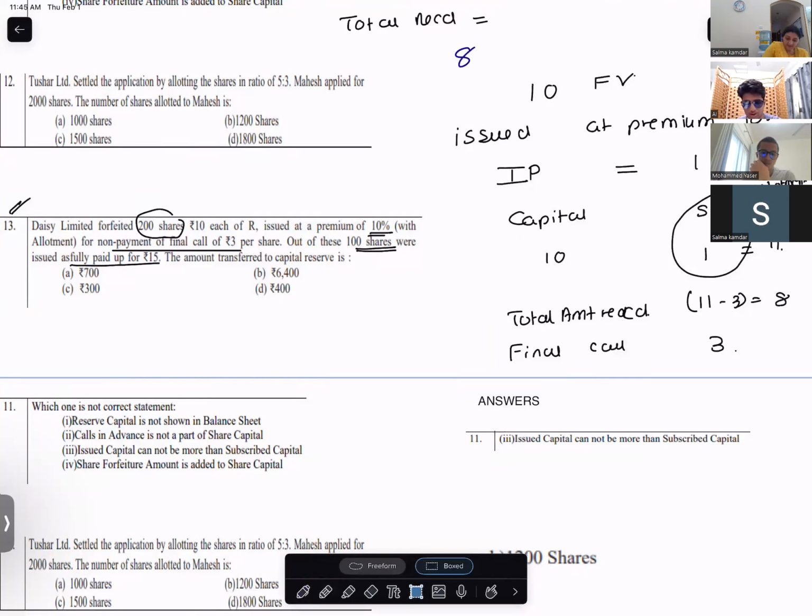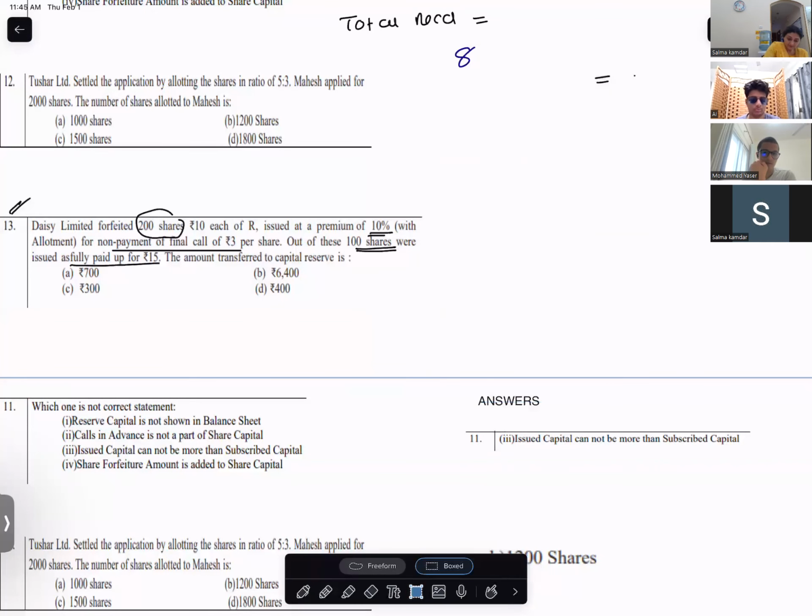From this 8, premium is 1 and capital is 7. Not received is 3.